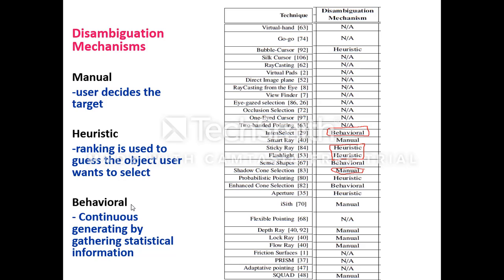So it's not a static thing just before the object selection has to be made. So that is the behavioral approach, which is used by techniques like IntenSelect and SenseShapes in this particular case.